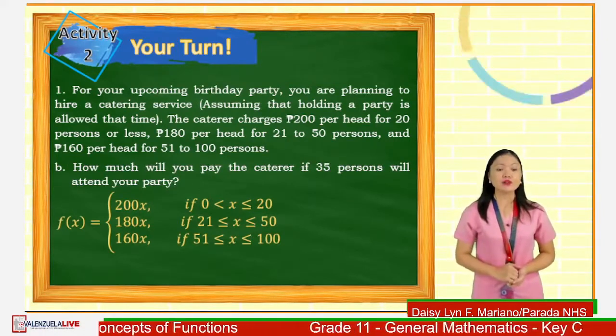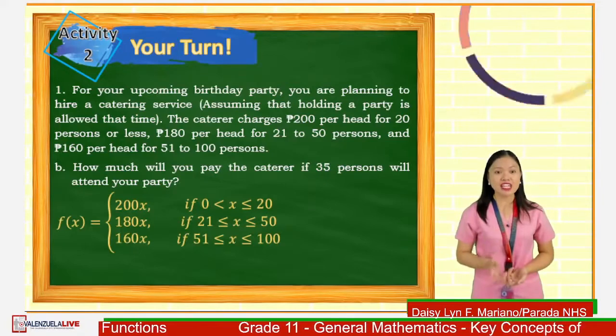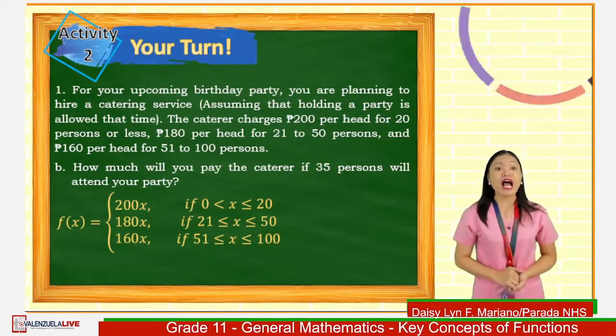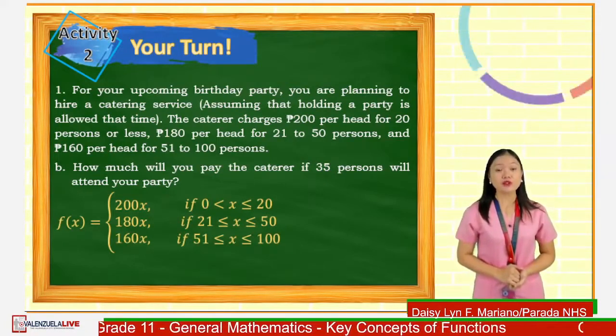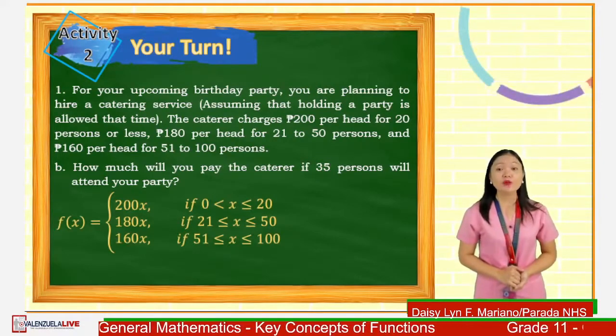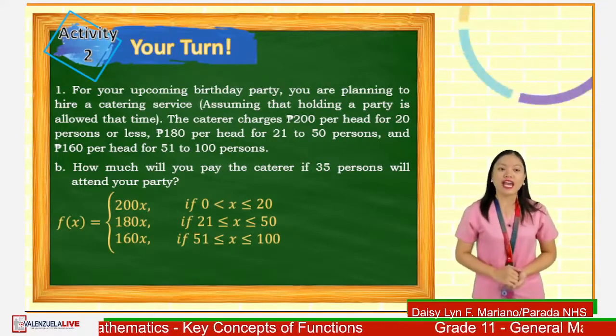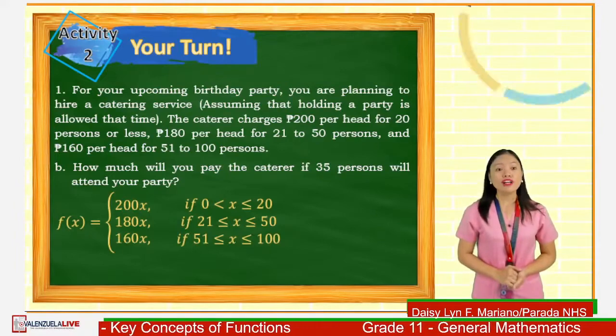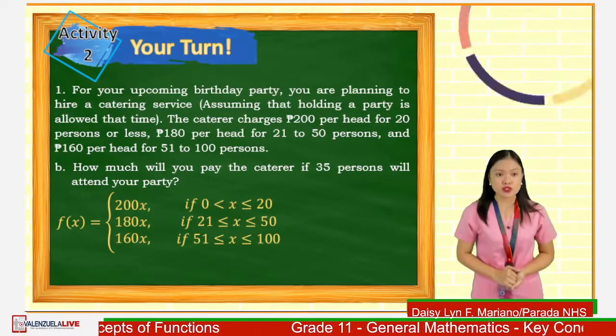x equal to 35 is in the range of x greater than or equal to 21 but less than or equal to 50. So, f of x equal to 180x will be used.